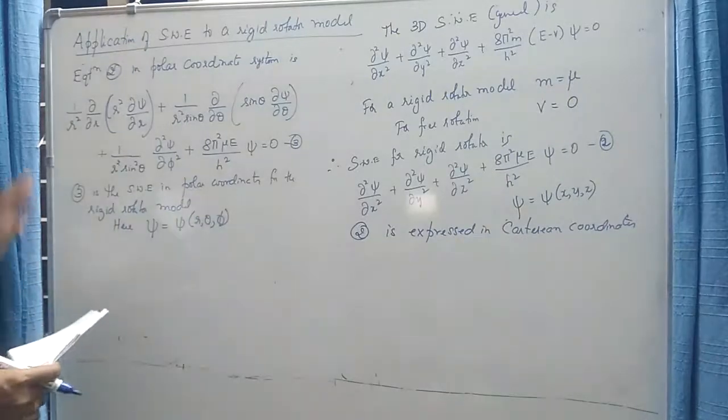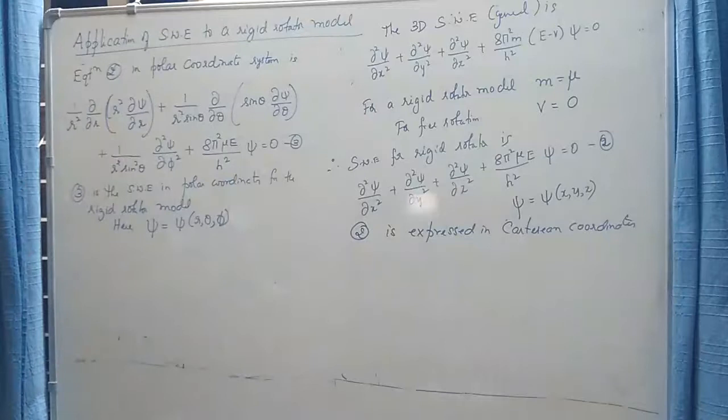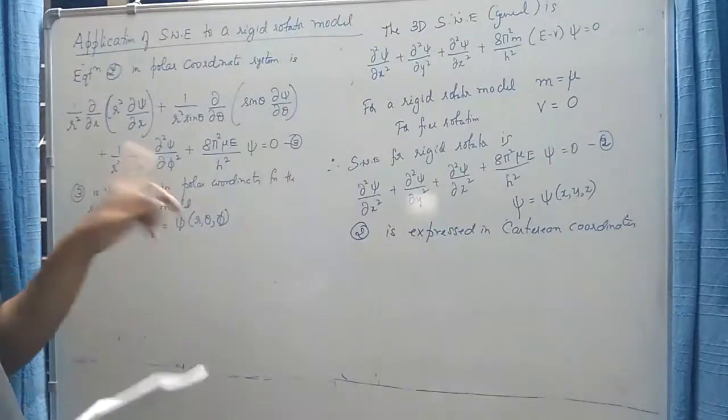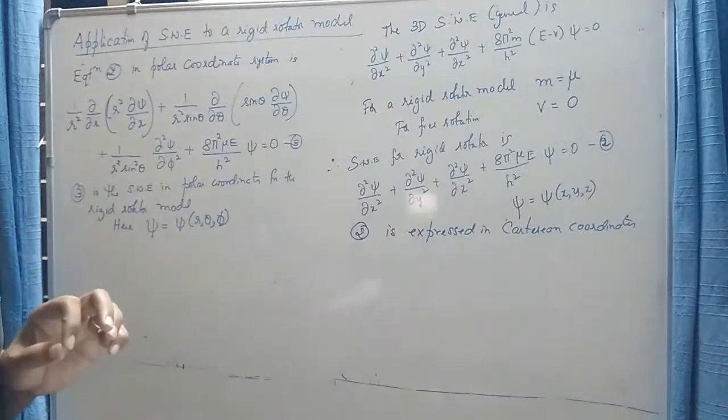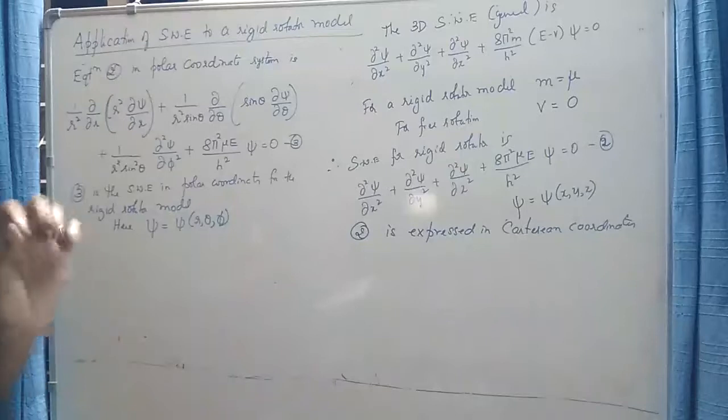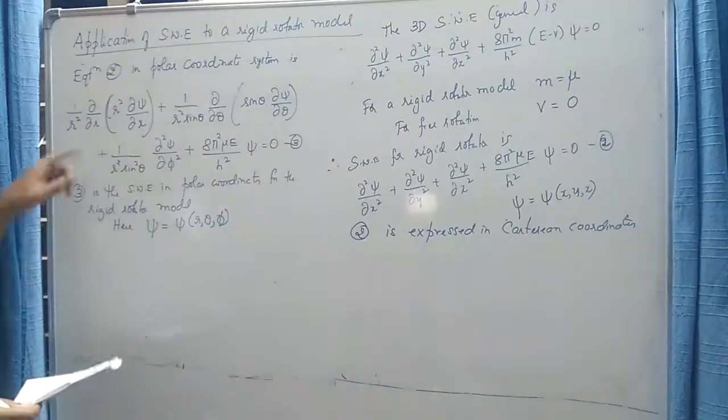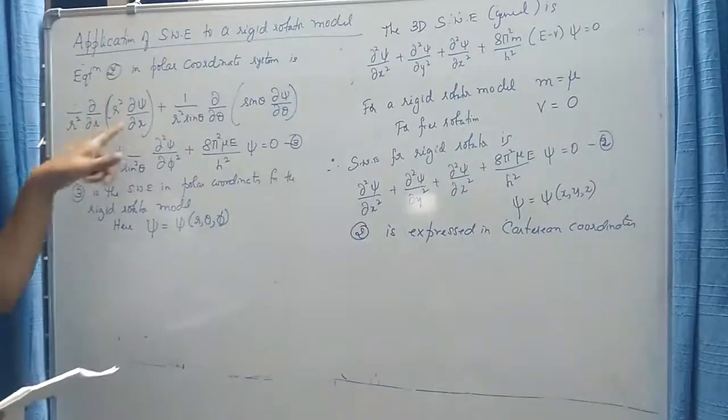But if you carefully look at this equation, since the model is a rigid rotator model, what do you mean by rigid rotator model? The value of r is fixed. So since the value of r is fixed, this term becomes equal to 0.